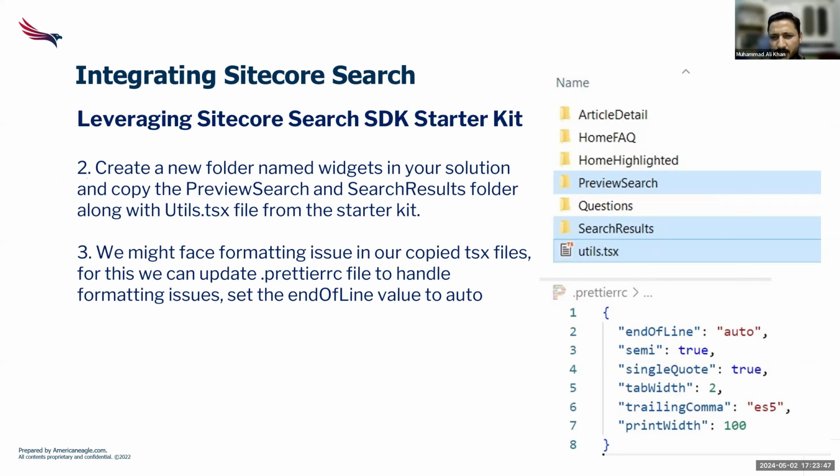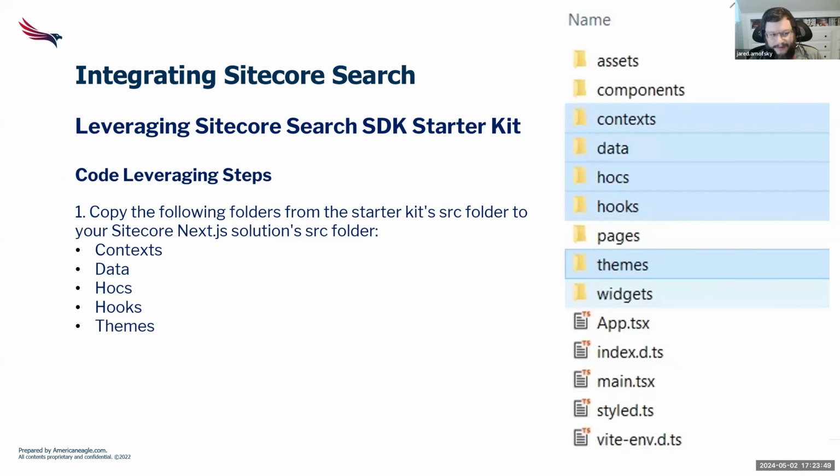The HOCs folder includes higher order components, which include a component for tracking user behavior, and widgets is the main folder where we will create our Sitecore search main widget.